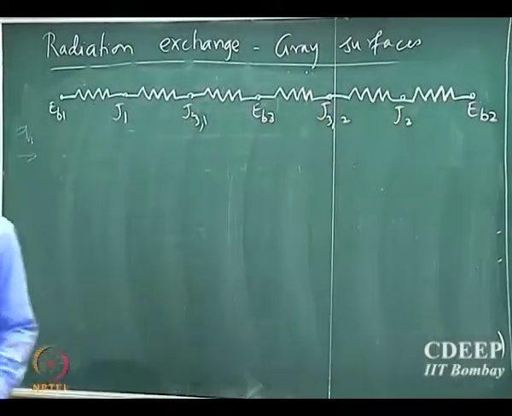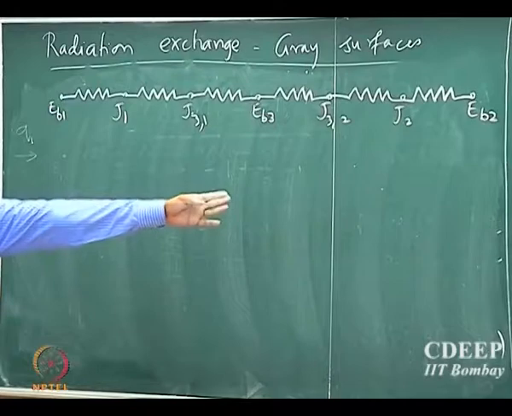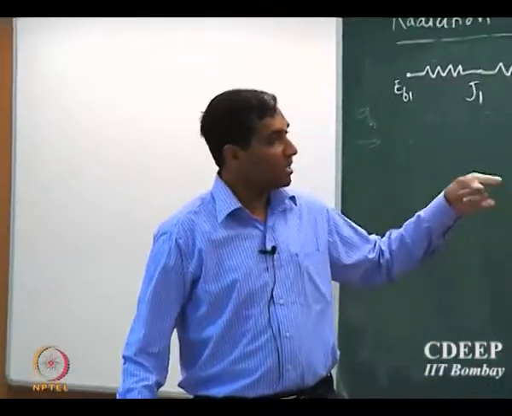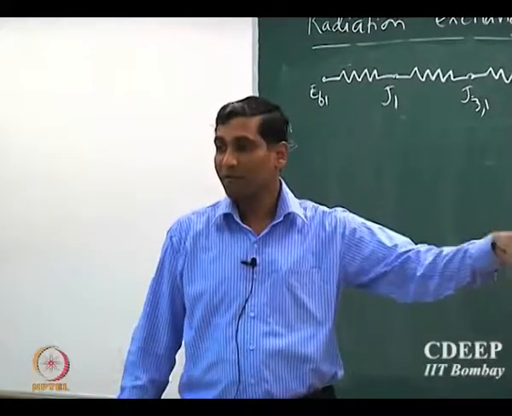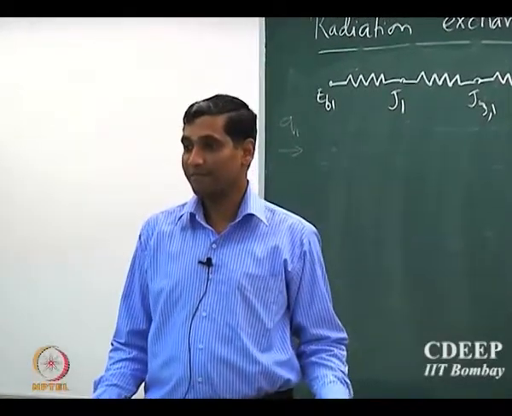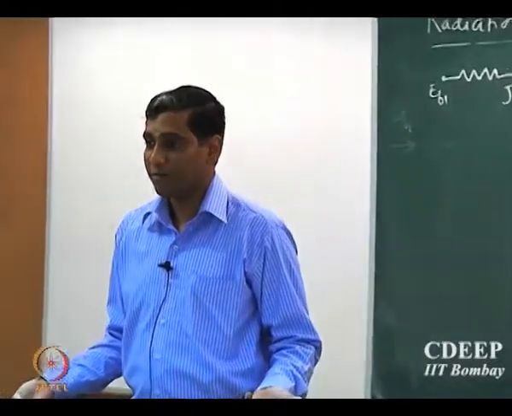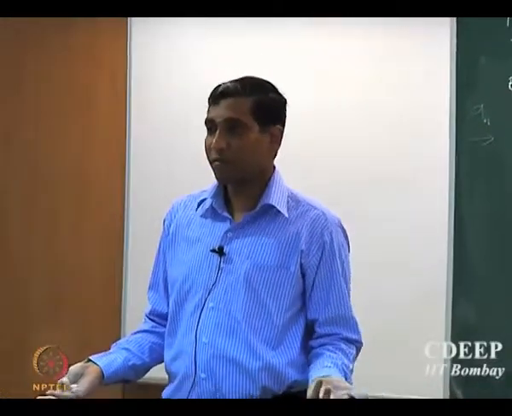Now, here of course, I have assumed that the resistance for conduction is negligible in the third surface. All radiation that goes from 1 to 2 will be through 3. There is 0, yeah, that is right, the view factor is 0, correct.